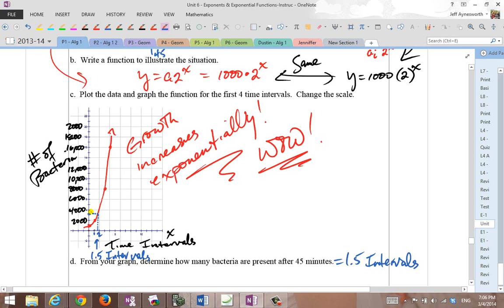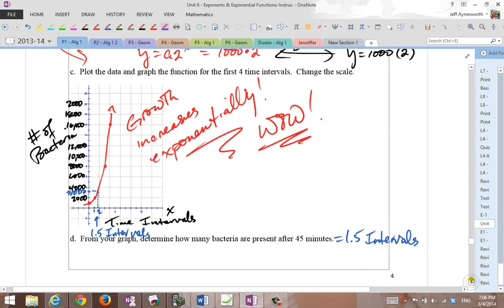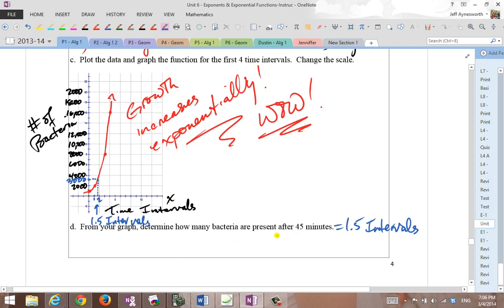Then you figure out how many bacteria are present. It's between 3,000 and 4,000, so a little over 3,000 bacteria. If I were going to estimate, I would say maybe 3,100, a little over 3,000. So we'll estimate 3,100 bacteria from the graph.